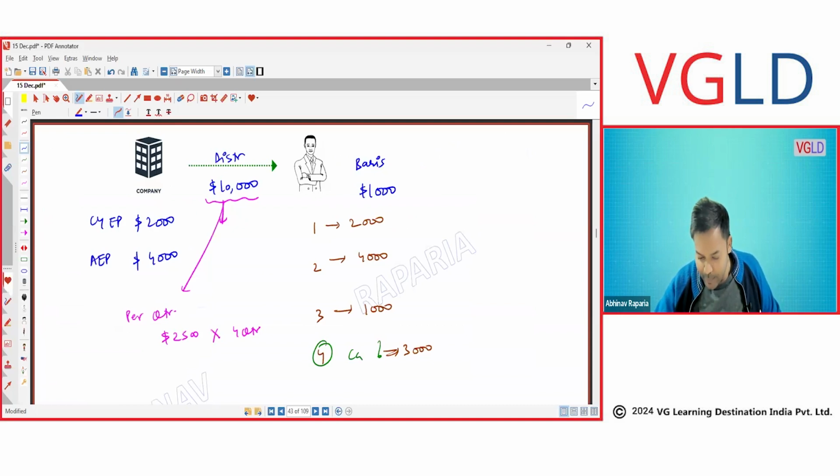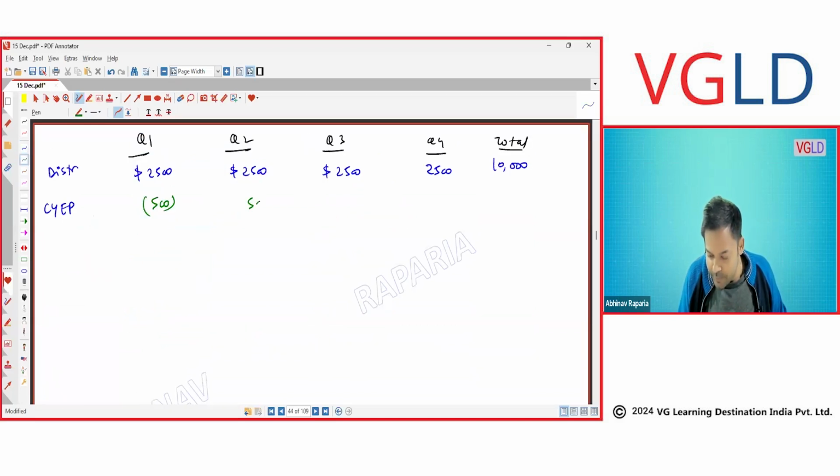So I'll allocate it proportionately, that means 500 per quarter, and total is 2,000. Is this point clear or not? Guys, I hope it is okay. So the balance total is 8,000, that is 2,000, 2,000, 2,000, 2,000. Rina, clear?